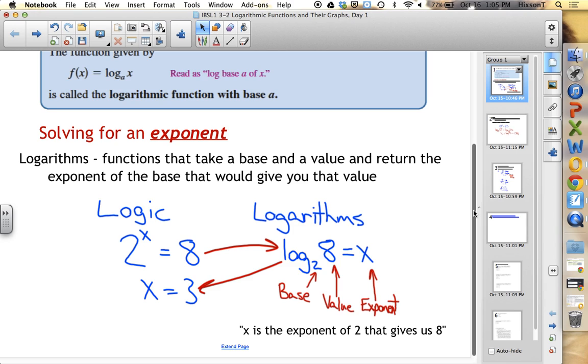Well, to translate that into a logarithm, we're taking the log, and the base of the logarithm is the same as the base of your exponential. So it's 2 in this case. So it's a way to find the exponent.